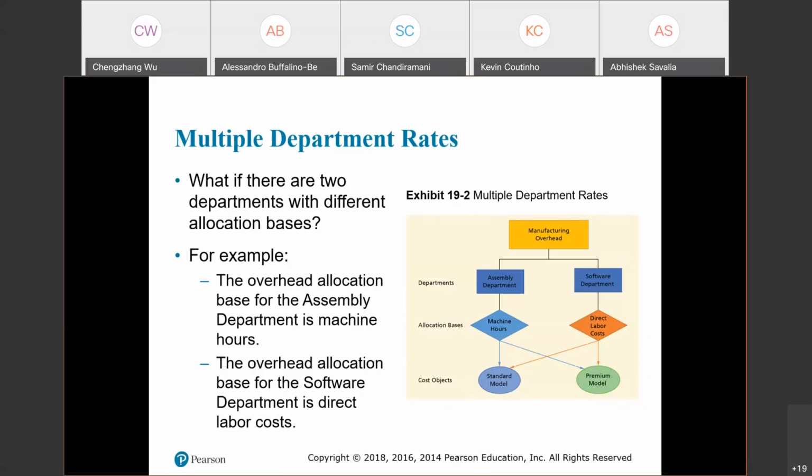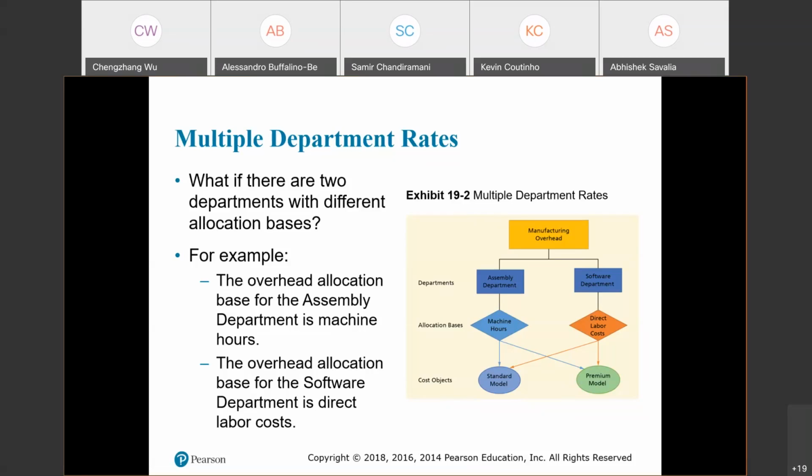And after careful analysis, the company has decided that machine usage is the primary cost driver for the assembly department. In other words, the company feels there is a direct relationship between the number of hours the machines are used and the amount of overhead costs incurred.